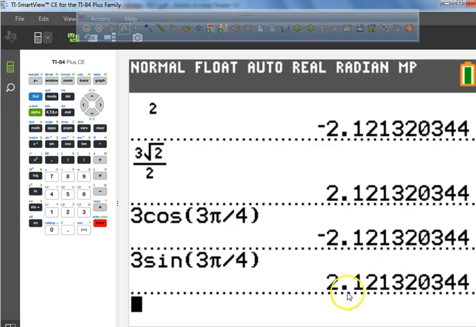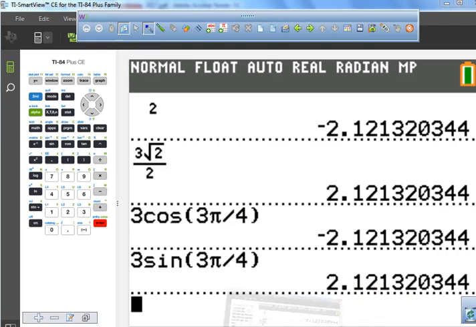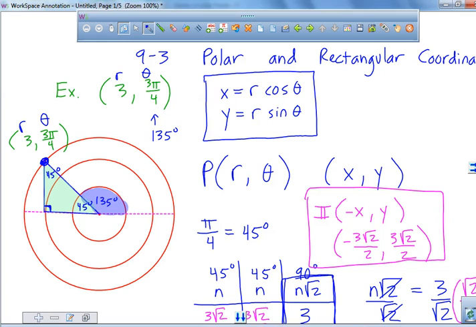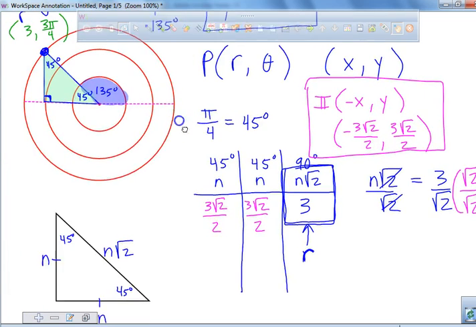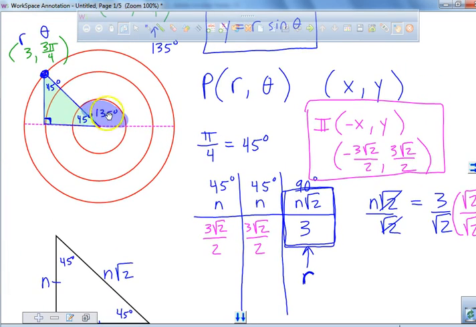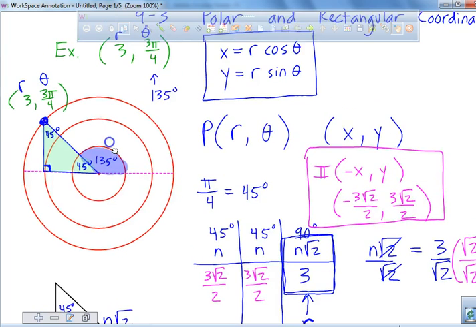For y value. That's your approximate value for y. Okay? So, in review, you need to know not only how to get your approximate values, you need to know how to get your exact values. The best way for me to teach you to do the exact values is to draw a picture and see where you are located on the unit circle.